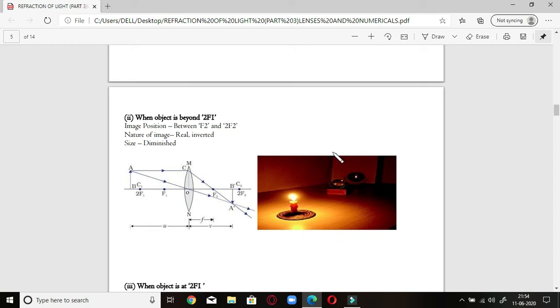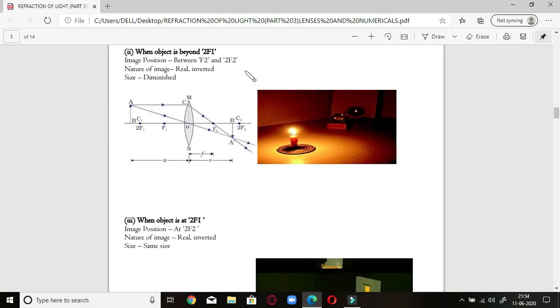Second is beyond 2f. When we place object beyond 2f1, we have again taken all the important parameters, maintain the distances, and place this object, that is AB, beyond 2f1. Now one ray is coming parallel. We have selected one ray which is coming parallel to the principal axis.